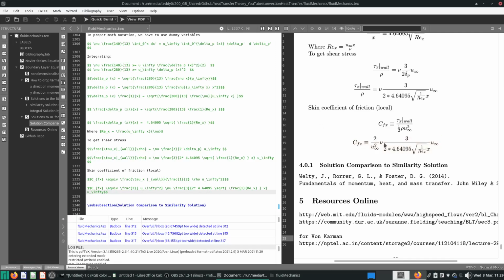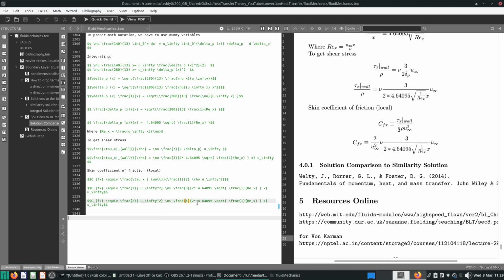Not too bad. These 2s will cancel out, and then 3 over this 4 point something will give you a number. Some of the u infinities will cancel out as well, and you can actually make another Reynolds number there.